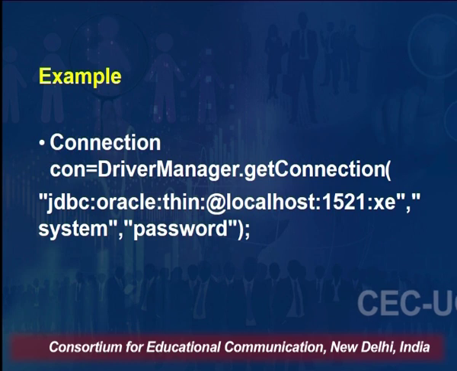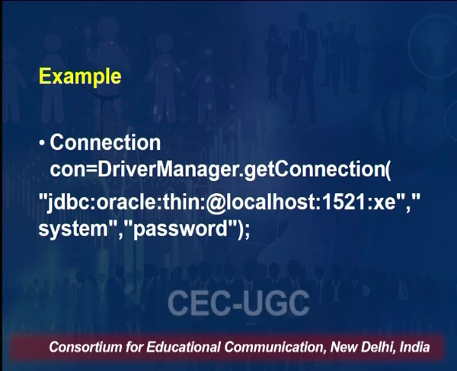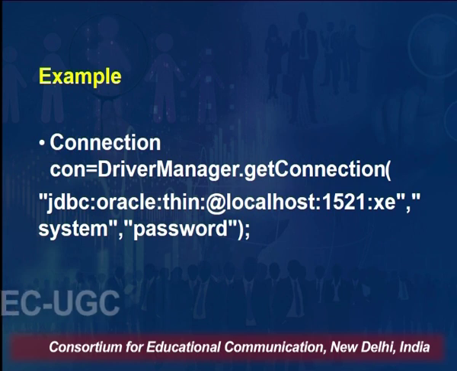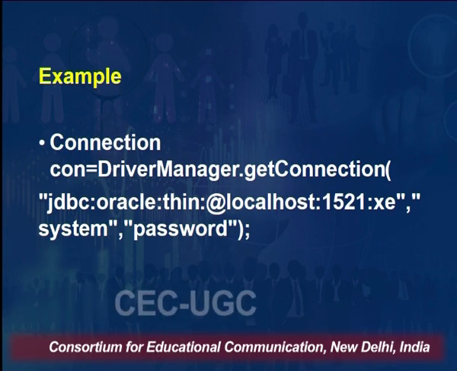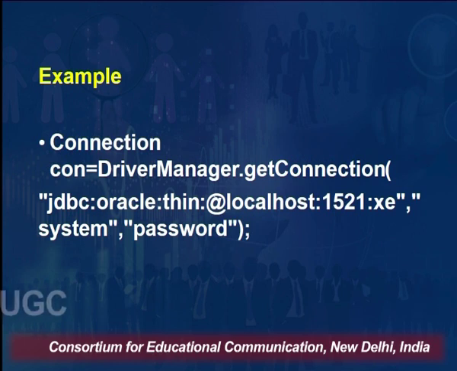So, the object conn of the class Connection has been made, that means a reference variable has been created: conn equals DriverManager.getConnection, and within this we have used the second signature which I just described, that is the one with the URL and the username and password also.